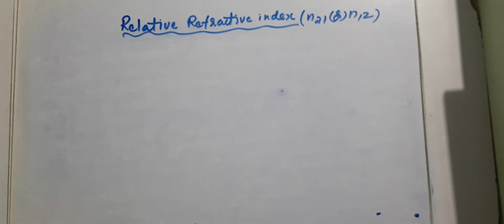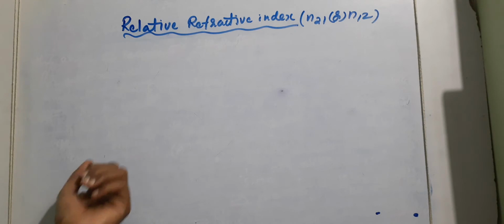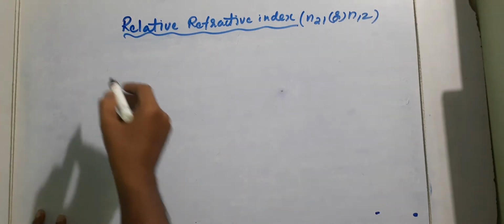Relative refractive index simply compares the refractive index of one medium of light with that of another medium, saying how many times higher or lower one medium is than the other. Like that we can explain relative refractive index.